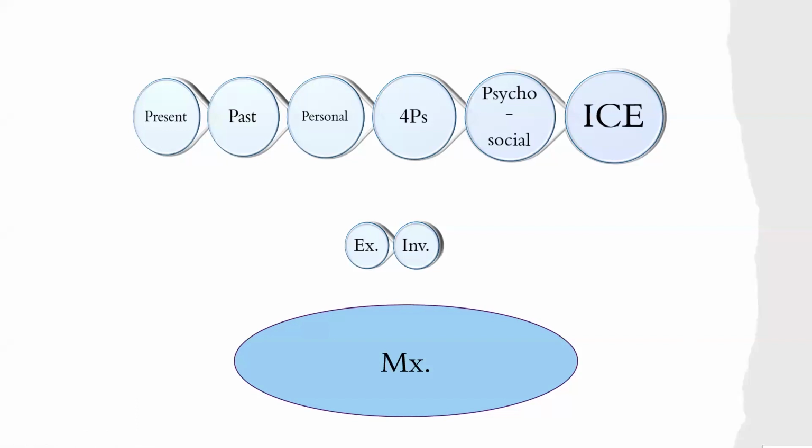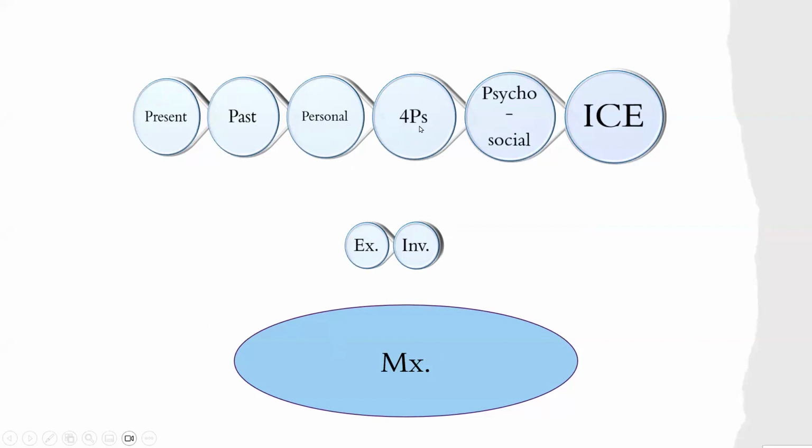We all know that the case should contain the history taking, also examination and investigations, then management. Okay? In the history taking, we have some categories: present history, past history, personal history, which is diet, exercise, smoking, and alcohol, I mean lifestyle.